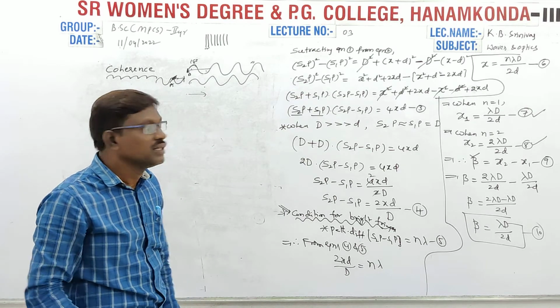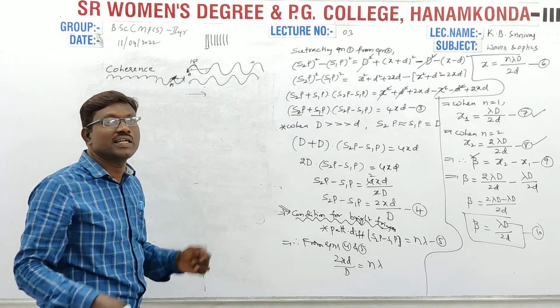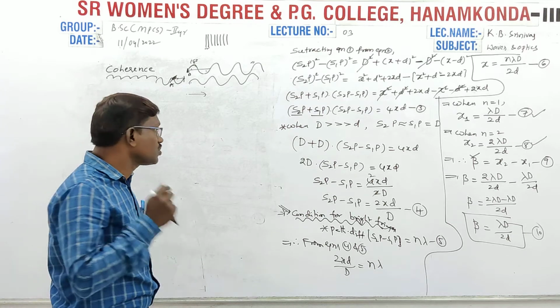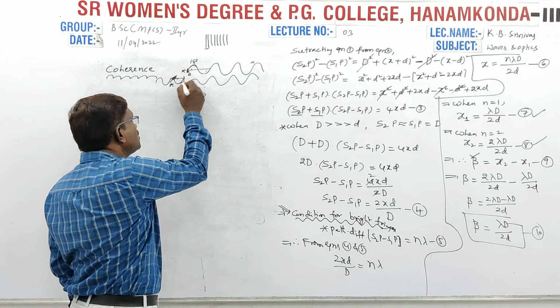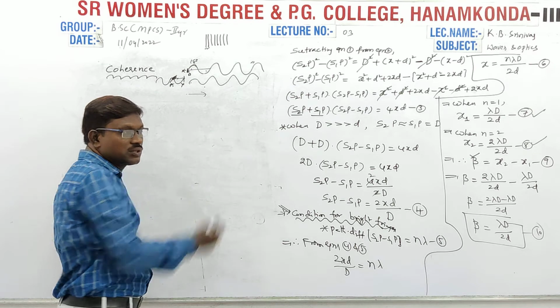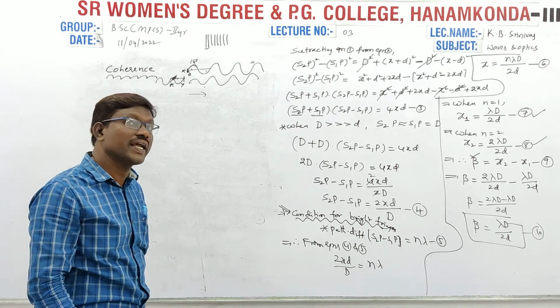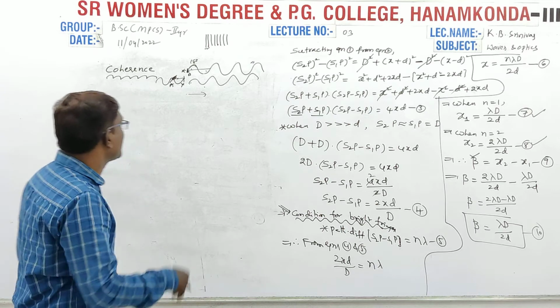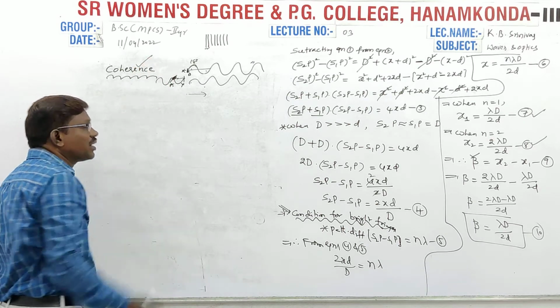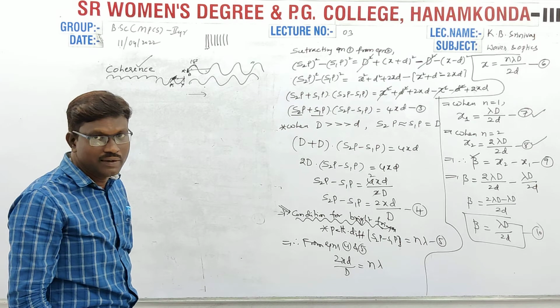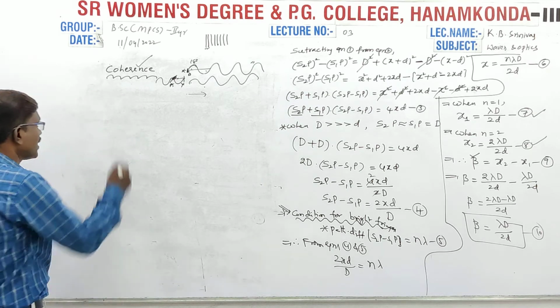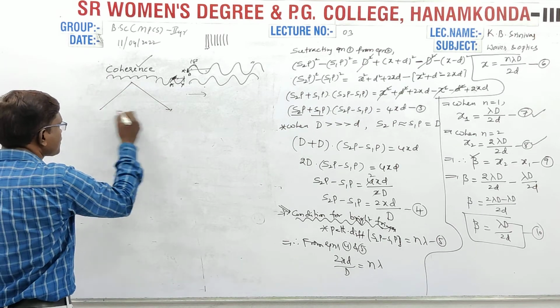Same phase also, they can form interfering fringes. So the sources which are used to generate these type of waves are known as what? Coherent sources, and this phenomenon is known as what? Coherence. Clear? Right.